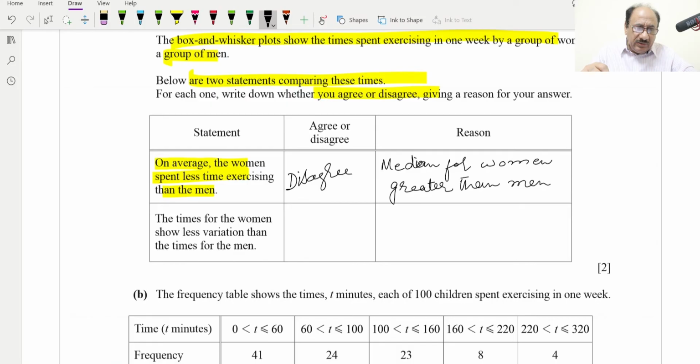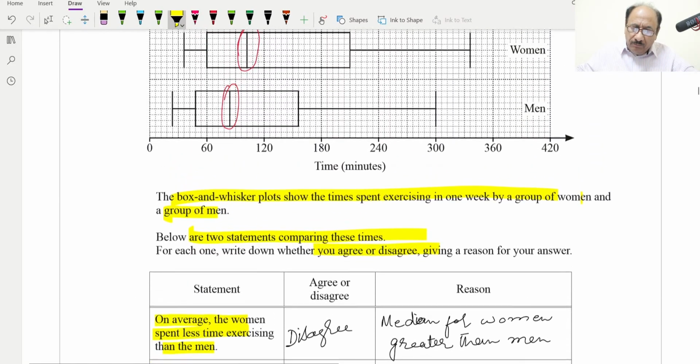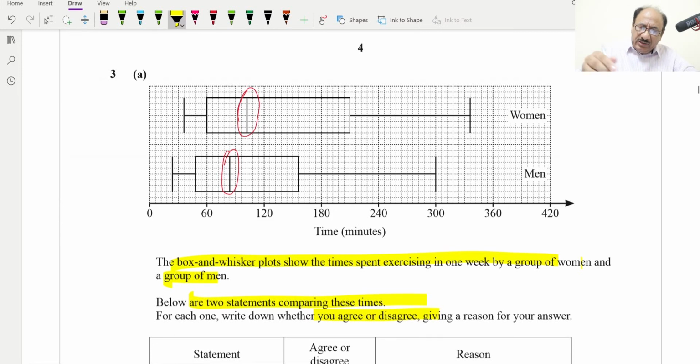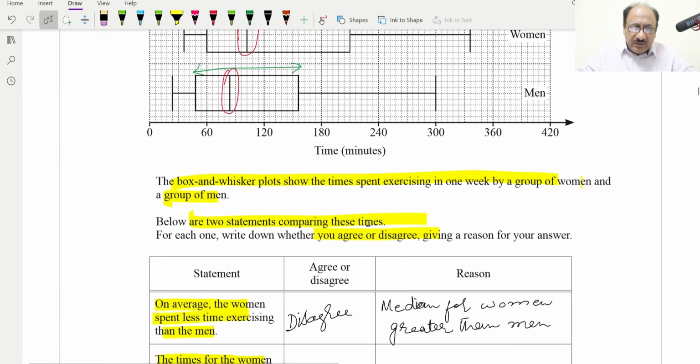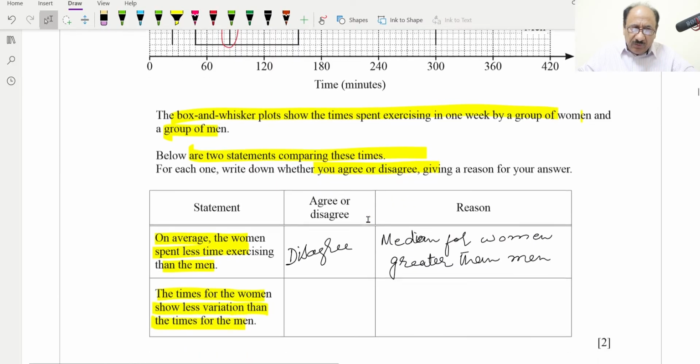The second thing they are saying is the times for women show less variation than the times of men. Variation is interquartile range, which is this, and the men's variation is this one, and we can see that men's variation is less than the women's variation.